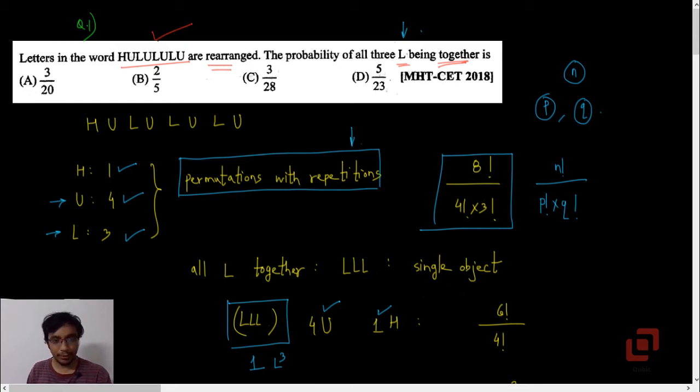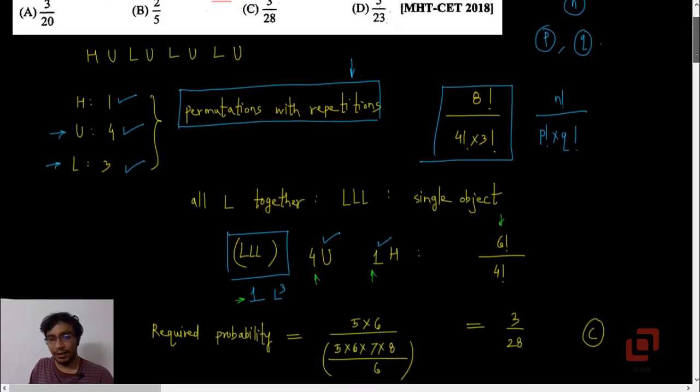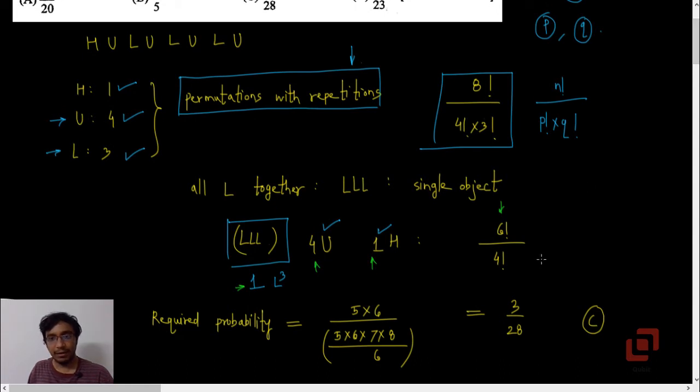Total number of arrangements: now you can't take 8 factorial, you have to take 6 factorial, with 1 H, 4 U's and 1 L cube, because you have grouped the L's, as the problem is asking you to do. So the size of the event will be 6 factorial upon 4 factorial, or 30.